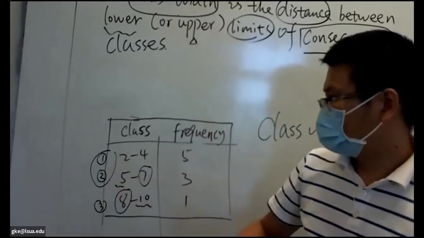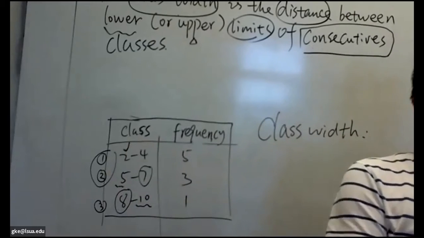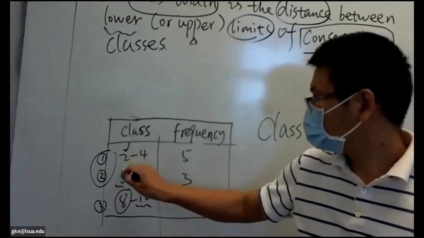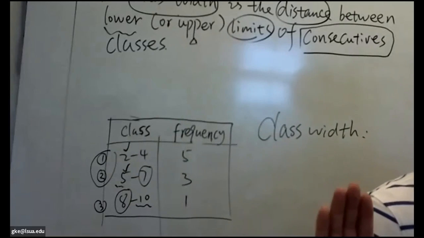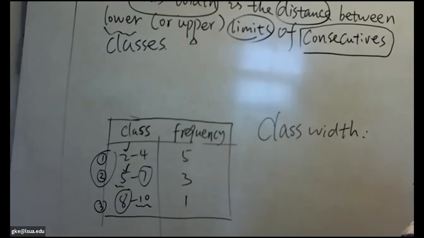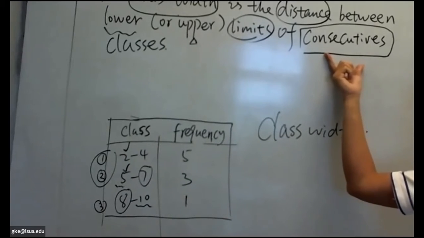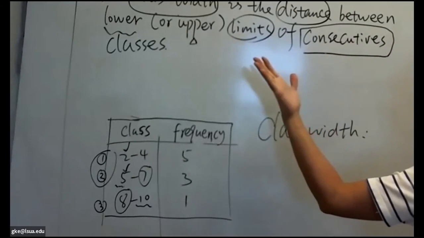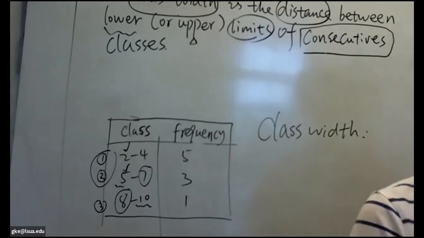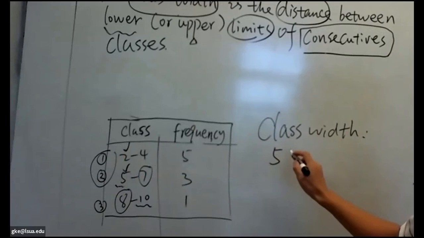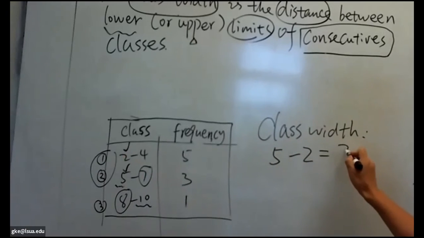For class 2, the lower limit is going to be 5. Very good. We need to make sure they are consecutive classes. Both conditions are satisfied. Now we calculate the distance between these 2: 5 minus 2 equals 3. That's it. Clear?